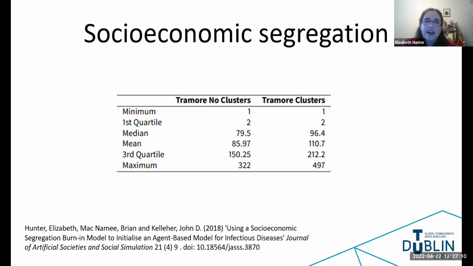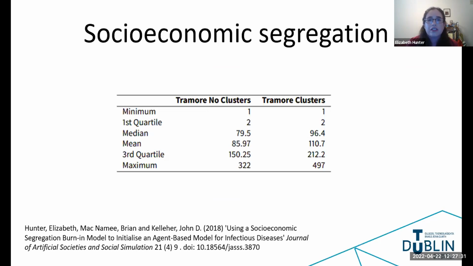In the town of Tramore with no clusters, with socioeconomic vaccination rates, we see lower case numbers than if we have clusters, right? So we're seeing that these additional characteristics and this added complexity in the model does make a difference.